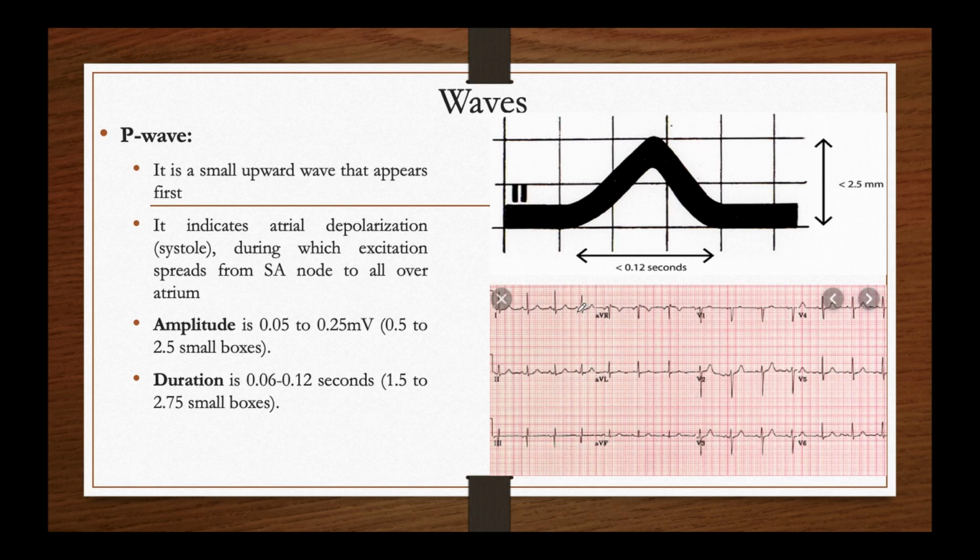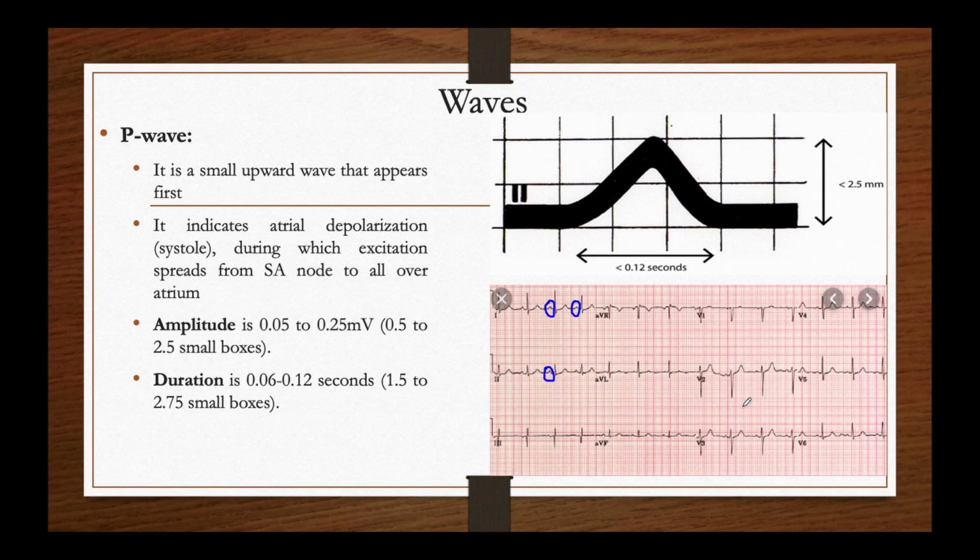Now, as you can see over here, I'm going to show you all the P waves in this ECG. So this is the P wave. Anytime you pick the ECG, this is the P wave. And as you remember, we learned in the ECG paper that we have standard lead 1, lead 2, and standard lead 3. So these are the P waves that we must look for.